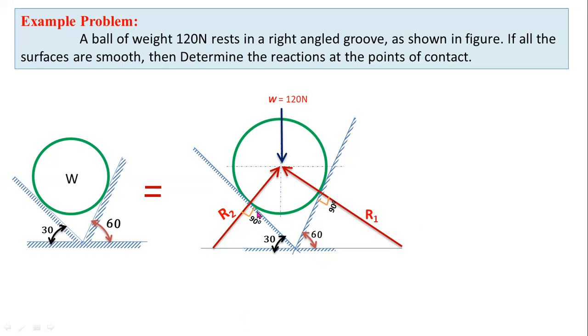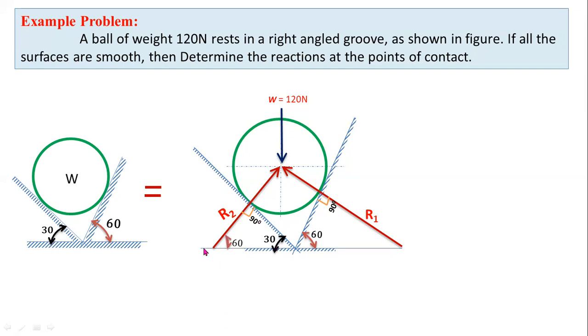Now you have to determine the angle of inclination of the forces R1 and R2 with respect to the horizontal. So let's consider this triangle, which is a right angle triangle. Here the angle at this corner is 60 degrees.